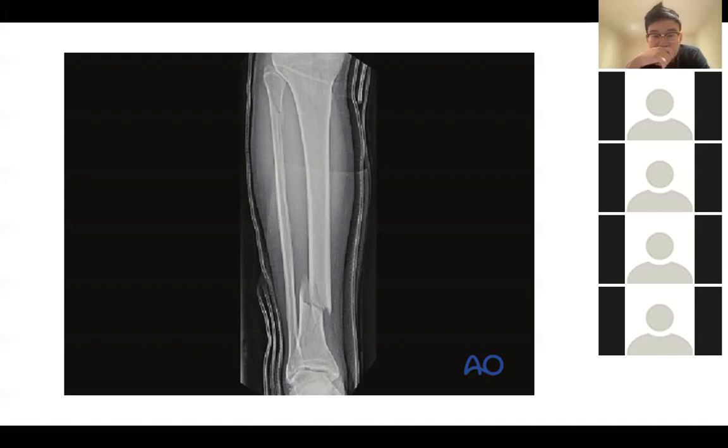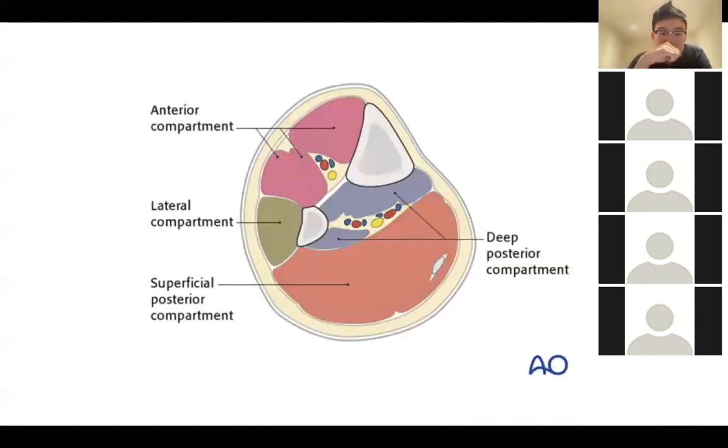Elevate to the level of the heart, check a diastolic blood pressure, and assess the compartments. I would reassess the patient after removing any occlusive dressings. At this point, I would keep the patient nil by mouth, talk to my anaesthetic colleagues, escalate this to my registrar and or consultant, and then discuss with plastics colleagues.